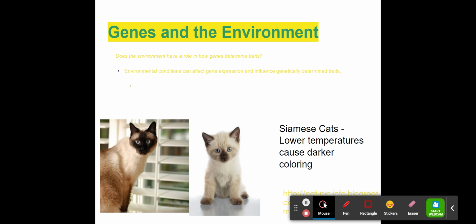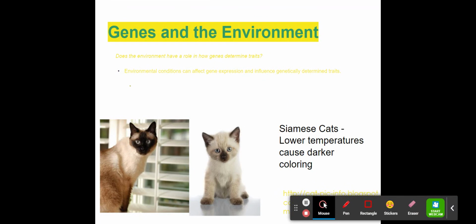So the lower temperatures cause that darkening color because darker colors absorb more light. And so when they are exposed to the sunlight, they can get more warmth into their body. Whereas during the summer months, when it's warmer, the coloration will go lighter because it is trying to reflect that sunlight off.